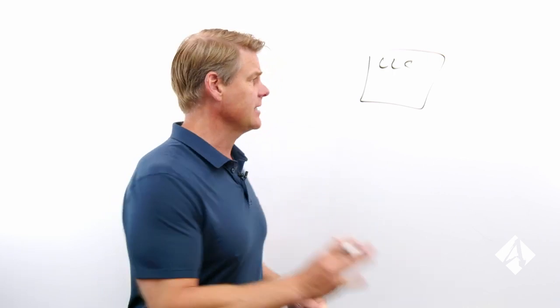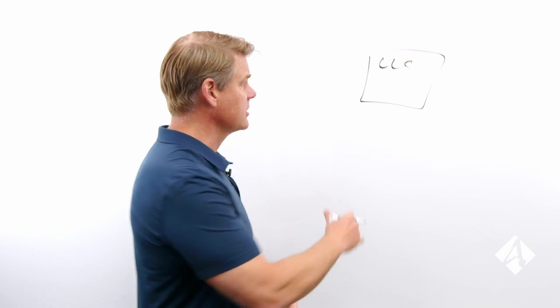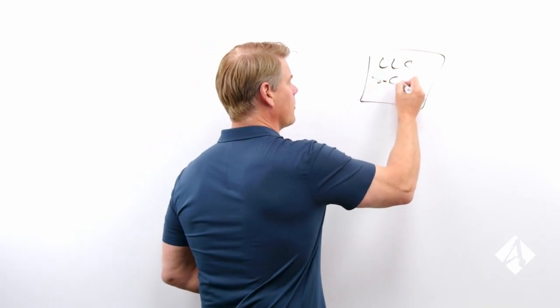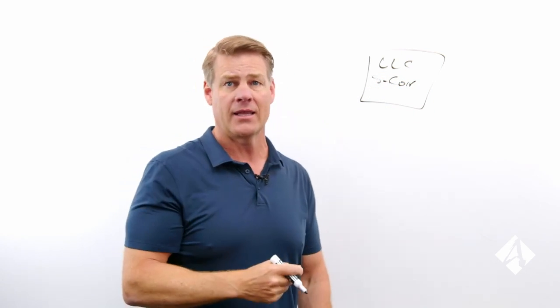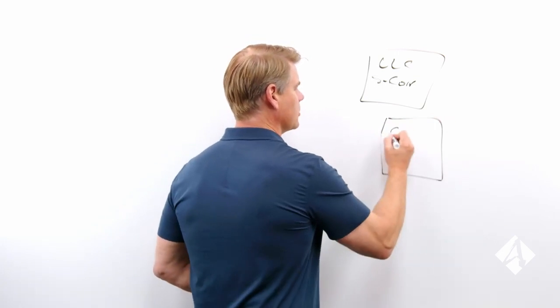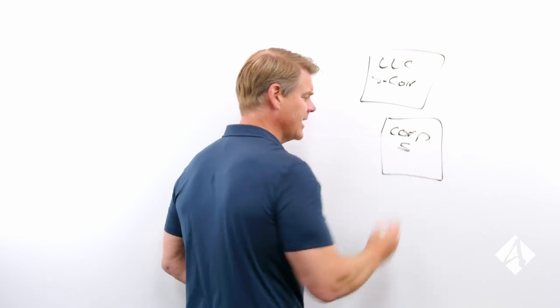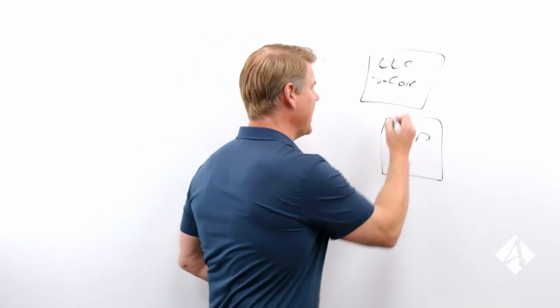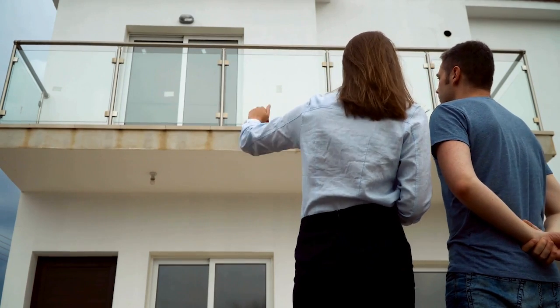So the mistake that I see a lot of investors have made over the years is that when they create a structure, many times they will elect S corporation taxation for that LLC, or possibly they already have a limited liability company that's treated as an S corp. Maybe they have an existing corporation right here, and this is an S corporation, or even worse yet, a C corporation, and then they buy a house in the name of that company.